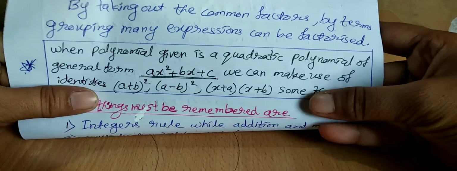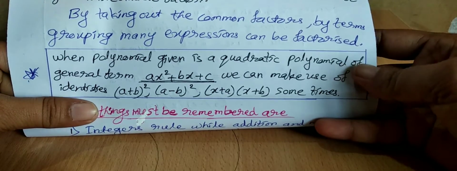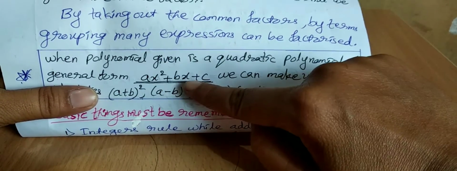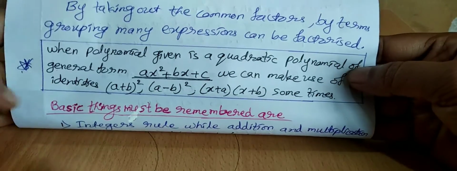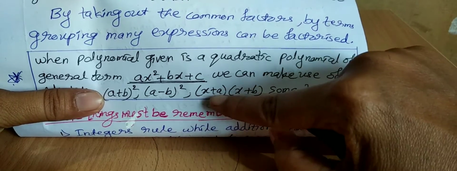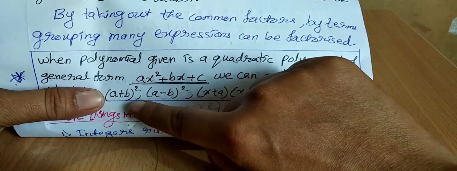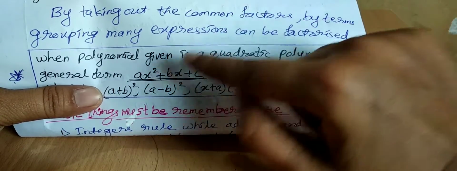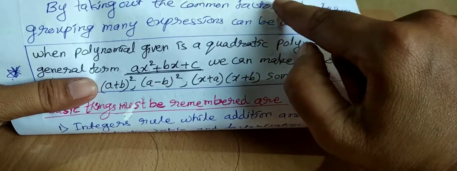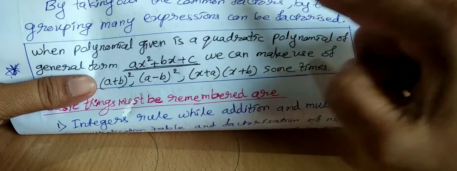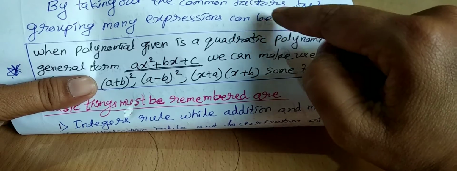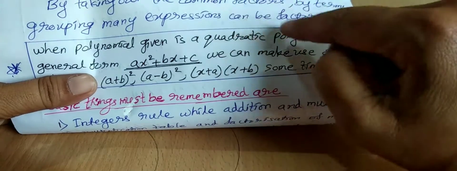But when the polynomial given is a quadratic polynomial of the general form ax² + bx + c, we can make use of the identities: (a + b)² = a² + b² + 2ab, (a − b)² = a² + b² − 2ab, (x + a)(x + b) = x² + x(a + b) + ab, and (a + b)(a − b) = a² − b².